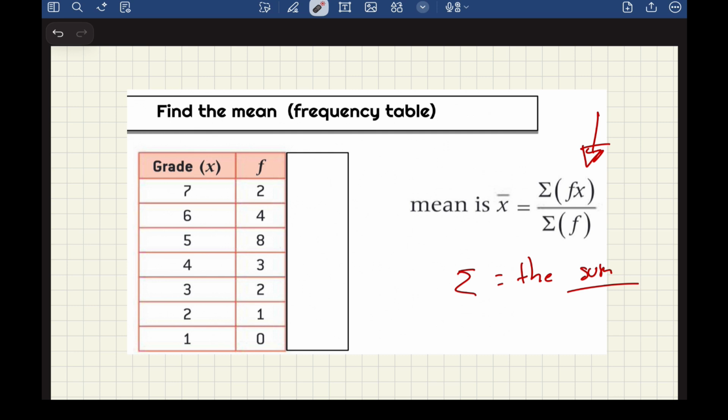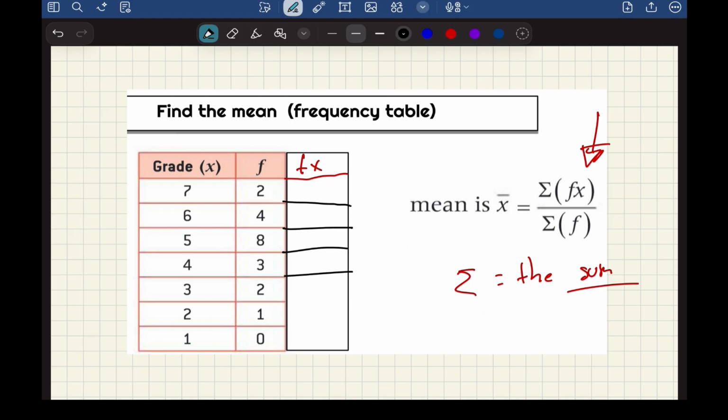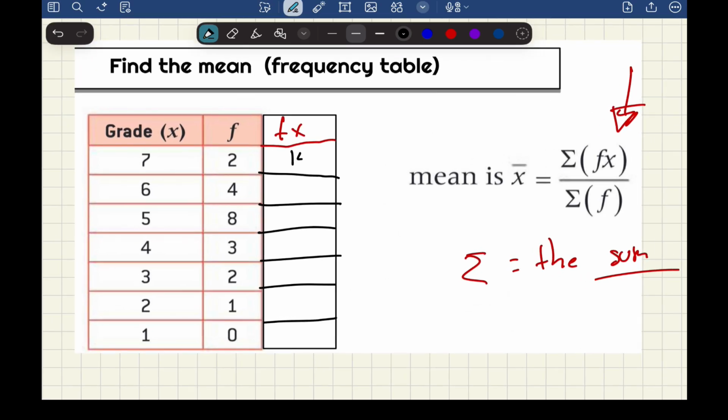Okay, so what happens when we have this situation? We need to add a new column here, like this, with the multiplication fx. Okay, so let me complete my table, something like this. So we had 7 times 2, then we are going to multiply 7 times 2, this is 14, 6 times 4, okay.